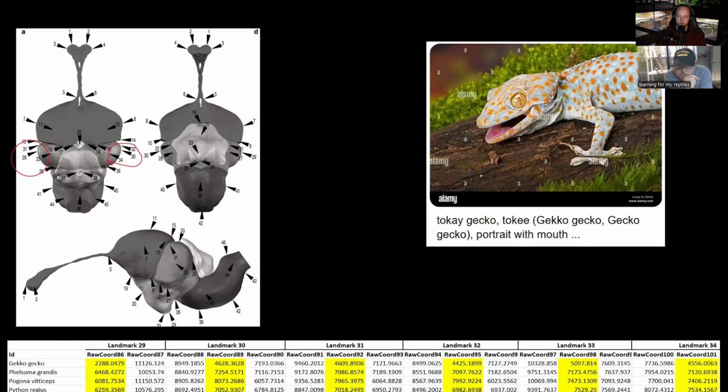Go to the next yellow one, and it's 30. It's right on the other side of the 29. And we see that the top one, the tokay gecko, says 4,000, where the rest are 7 and 8,000. We go to the 31, which is right next to the 29. And we see the tokay gecko has 4,000, where we have 7,000 for the rest.